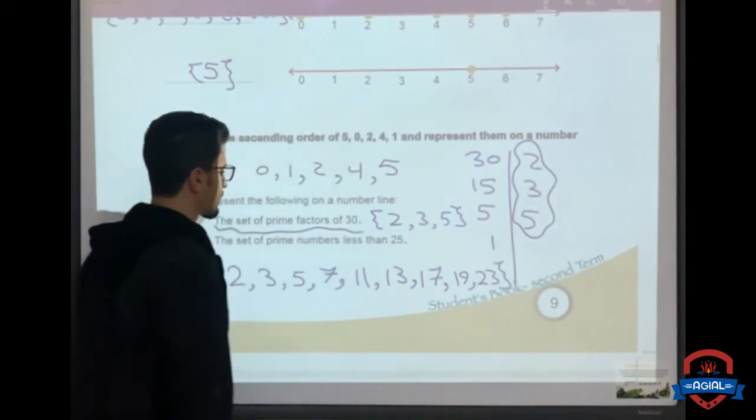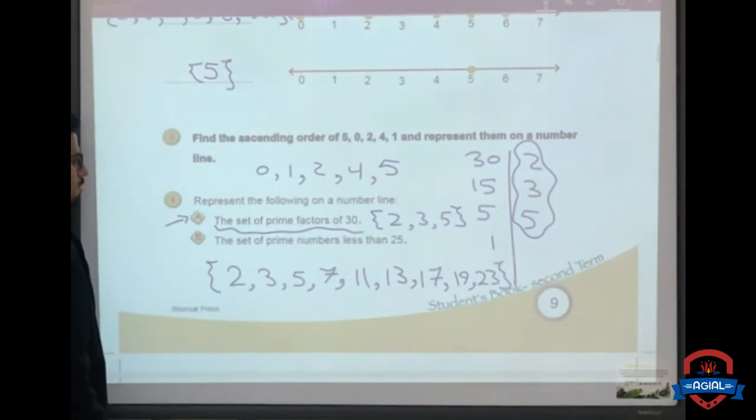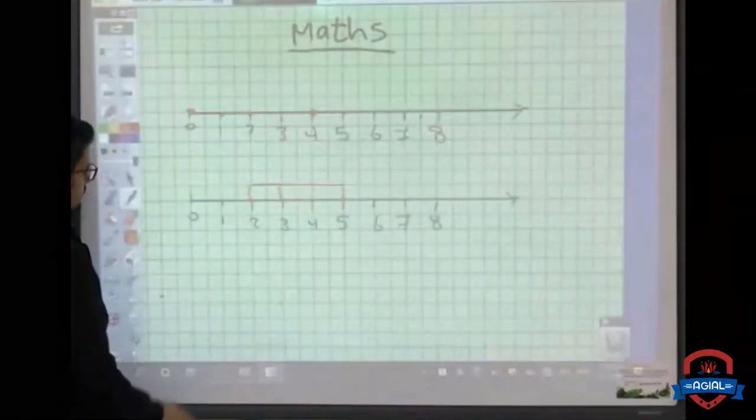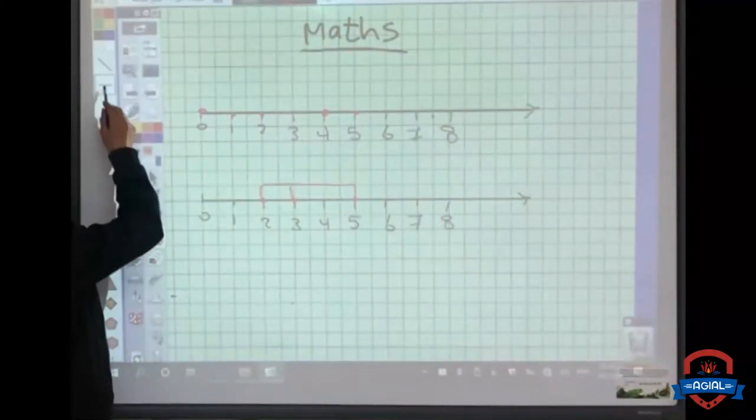So this is the set of the prime numbers less than 25, and we need to represent them on a number line. So we have to draw the number line, then we write our numbers.